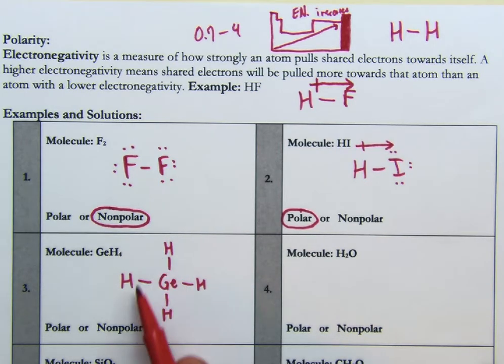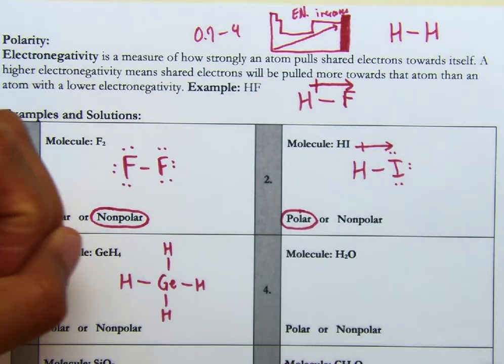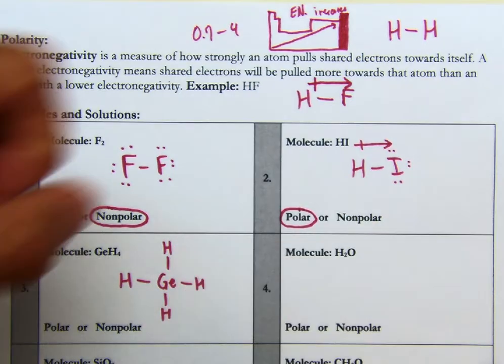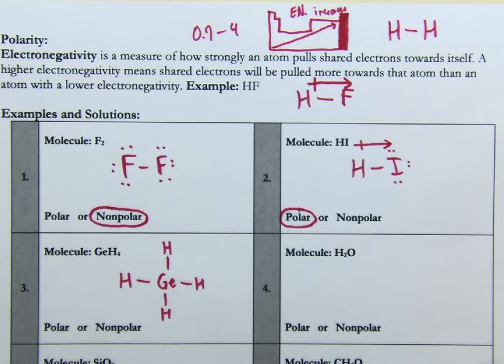So hopefully you see just in the symmetry of this molecule, one side is not going to be any different than any other side, right? And if another molecule were to approach this molecule from this side, or from this side, or from this side, it would not have a different experience.